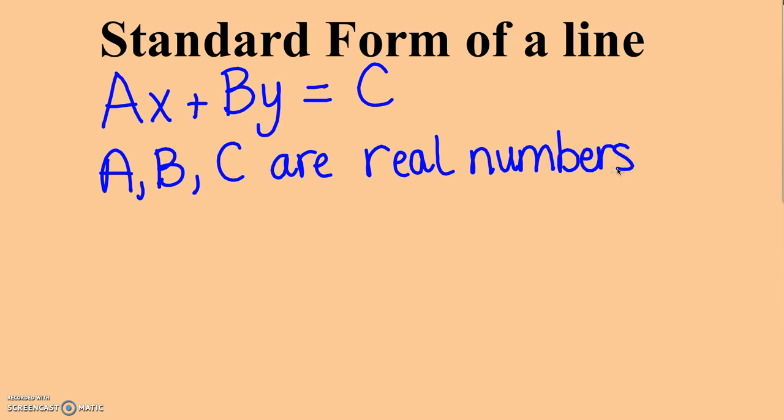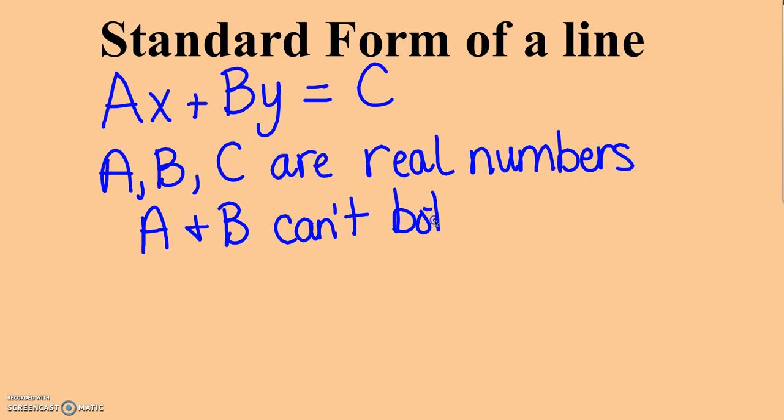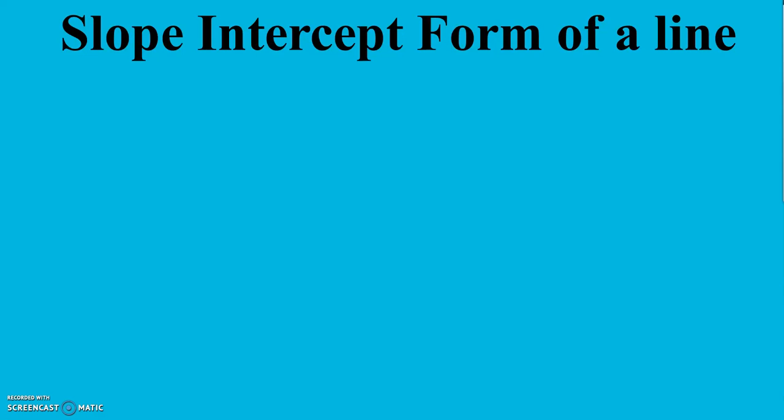And the only other stipulation is A and B can't both equal 0. One or the other. But that's the standard form equation of a line. You're going to see the x and or the y in the equation. Your A and your B both cannot equal 0 at the same time.